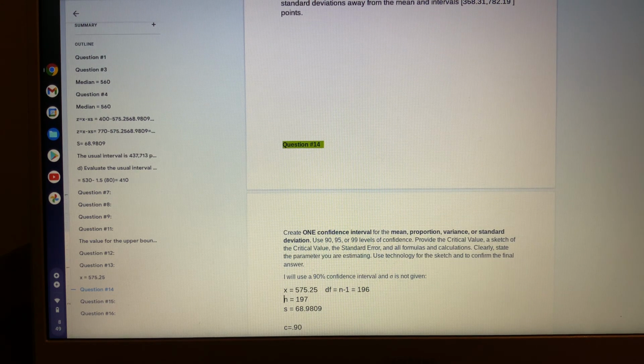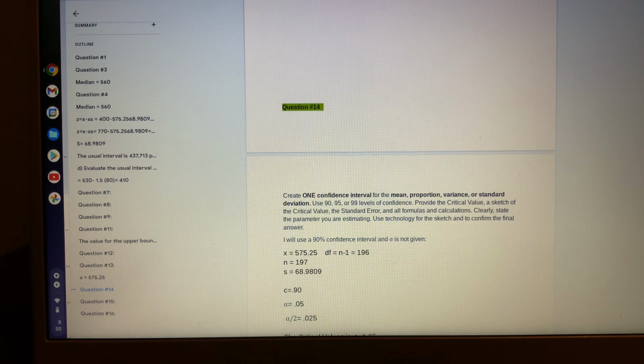Therefore, I provided all the information for the values needed for my formulas, and my degrees of freedom are 196. My mean is 175.25. My n value is 197. My standard deviation is 68.9809. My critical values are as follows: alpha is 0.05, and once it's divided by 2, it's 0.025.